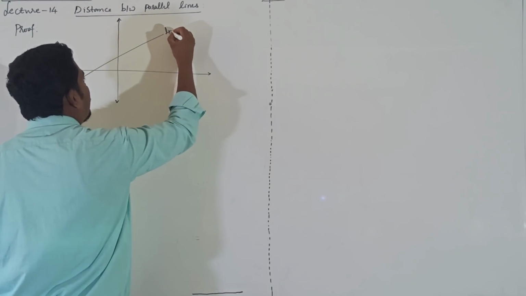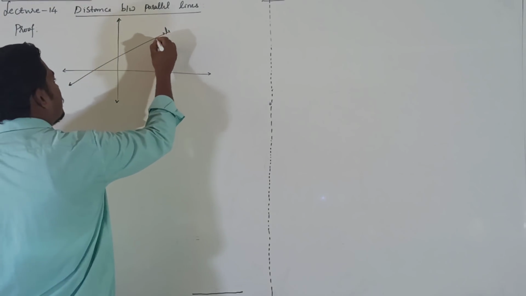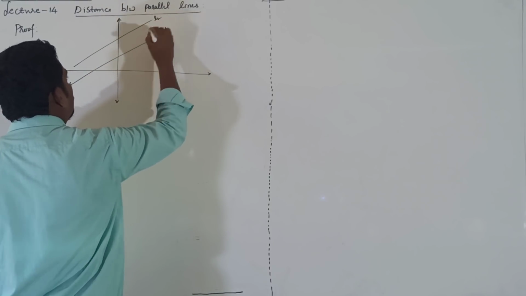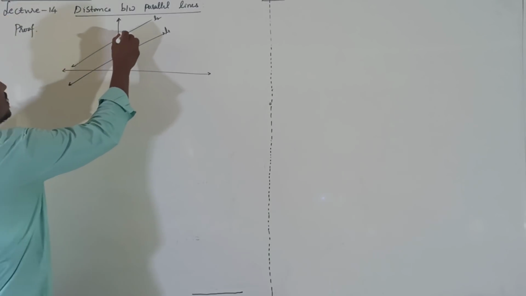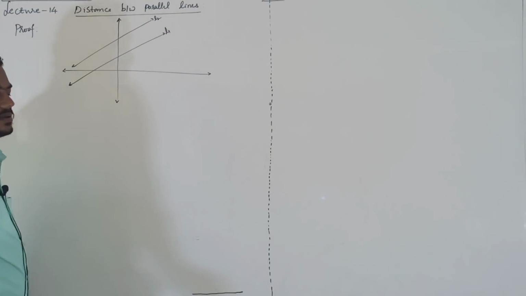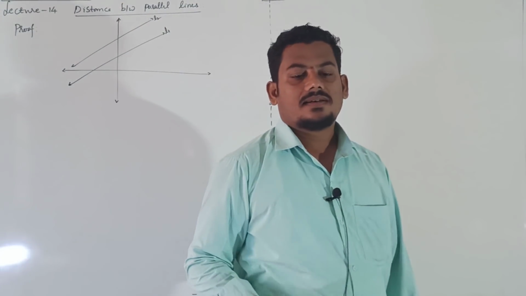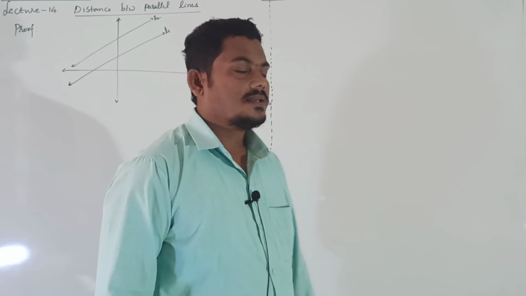This is line 1 and take one more line. This is line 2, right? Clearly L1 and L2 are two parallel lines. We need to find the distance between these two parallel lines. How to find the distance between the given two parallel lines, right?